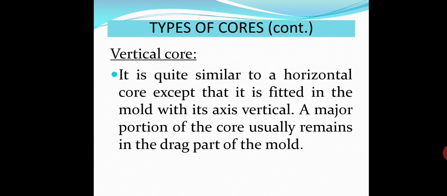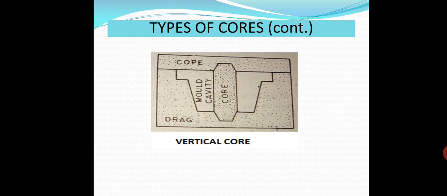Next is vertical core. It is similar to horizontal core. The only difference is that it is fitted with its axis vertical. A major portion of the core usually remains in the drag part of the mold. So this is the diagram of a vertical core.